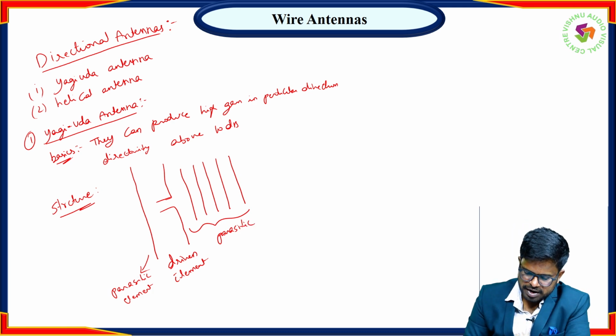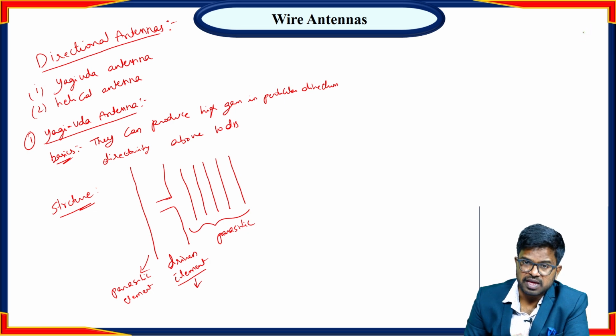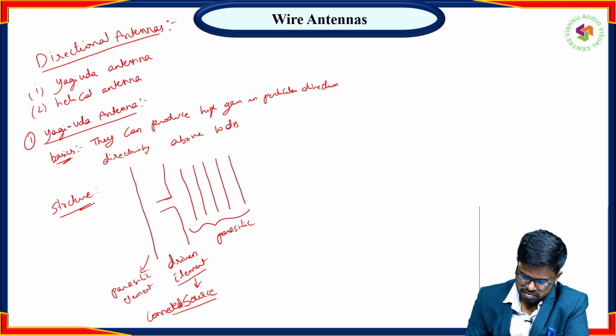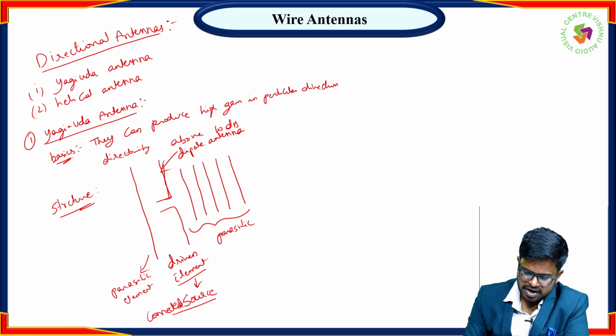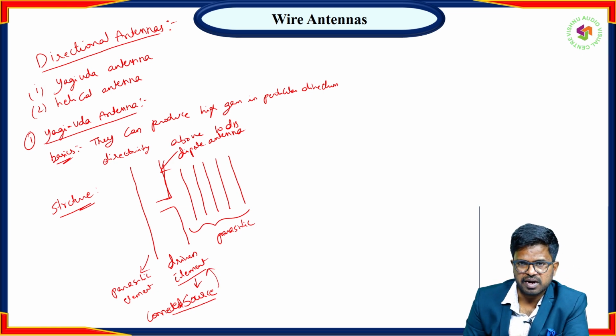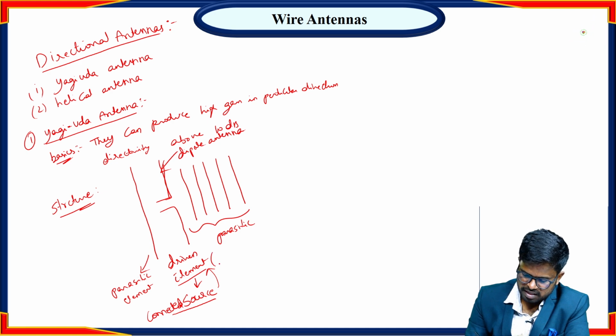We will discuss now. Driven element means the one for which we are giving the source. For this driven element, normally we use a dipole antenna only. Just now we have discussed the dipole antenna that we are placing here. And for this only we are giving the source. So that is called the driven element, or active element.